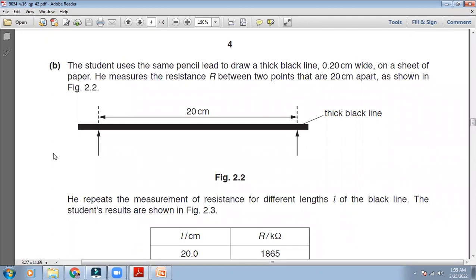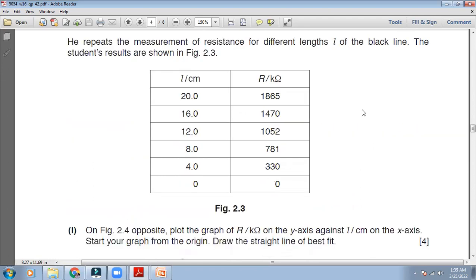The student uses the same pencil lead to draw a thick black line 0.20 centimeter wide on a sheet of paper. He measures the resistance R between 2 points that are 20 centimeter apart as shown in figure 2.2. He repeats the measurement of resistance for different lengths L of the black line. The student's results are shown in figure 2.3.